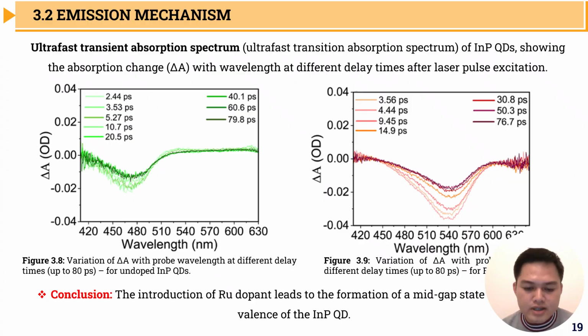This means ruthenium creates a mid-gap state in the indium phosphate, which changes and improves the emission behavior.